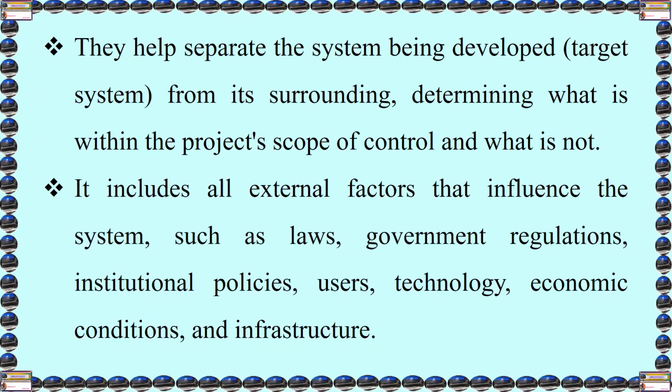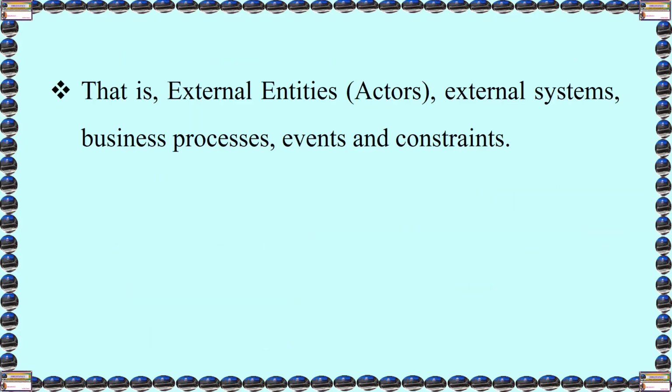It includes all external factors that influence the system, such as laws, government regulations, institutional policies, users, technology, economic conditions, infrastructure, amongst others. That is, external entities.